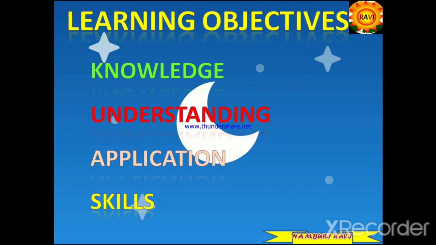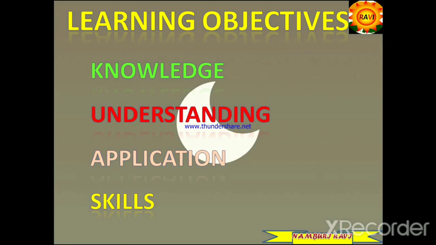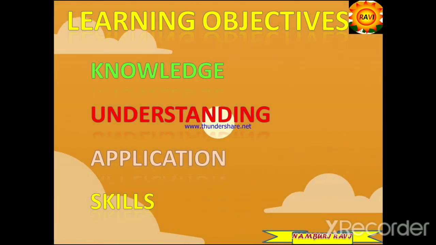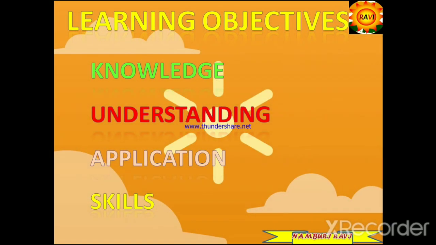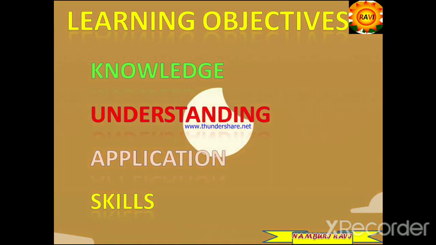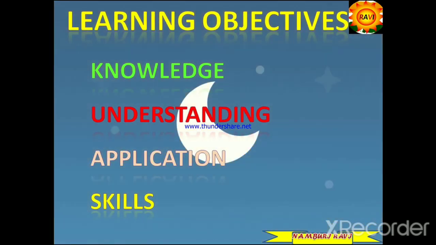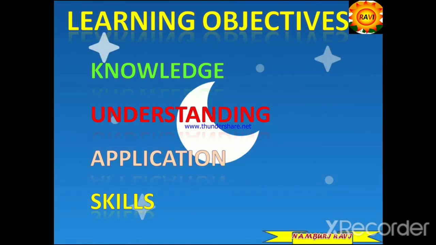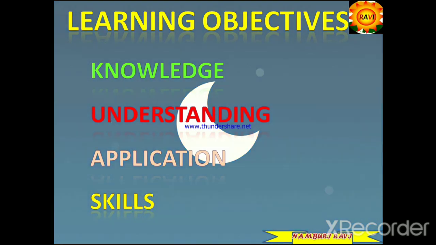And the third learning objective, application. Under this, students are able to calculate the national income of a country. Students are able to calculate the per capita income of a country or individuals. At last, students are able to locate the states which have the highest literacy rate in India and the lowest literacy rate in India on the political map and the outline map of India.